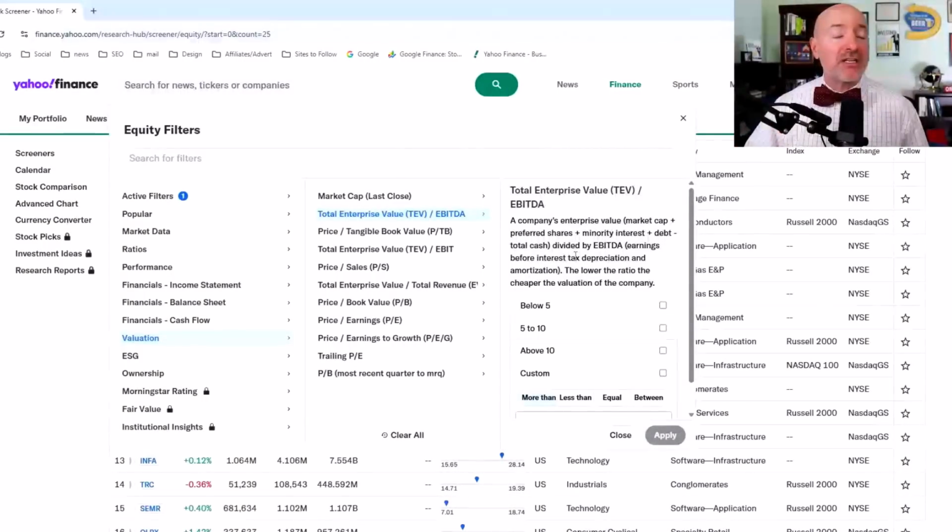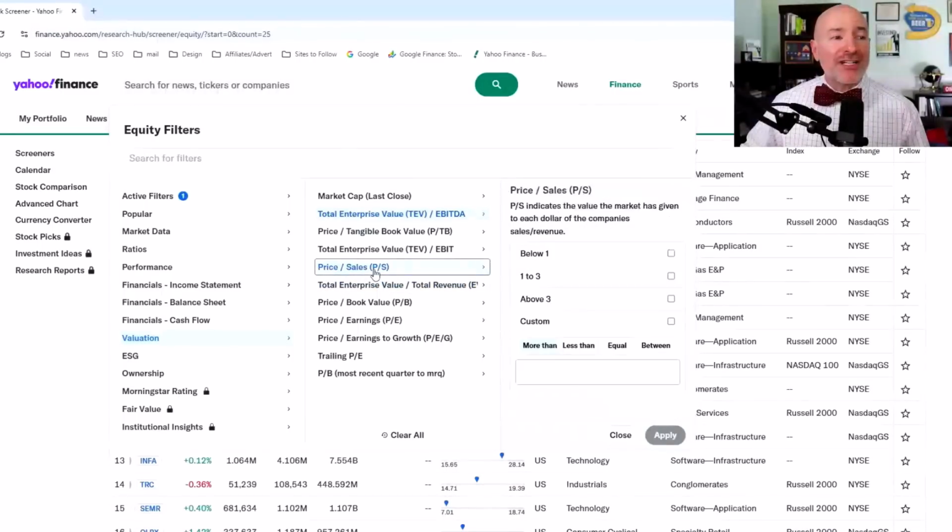That divided by the EBITDA, earnings before interest, taxes, and depreciation, that's going to be your main operating income. So what is the value of this stock in the market minus its cash plus back its debt? A fully inclusive enterprise value divided by how much it's generating in operating earnings each year.